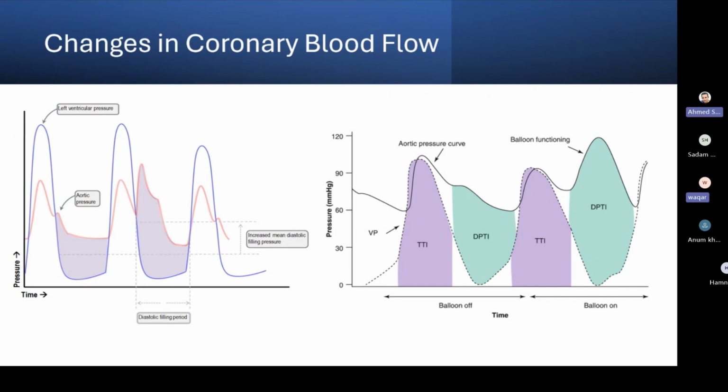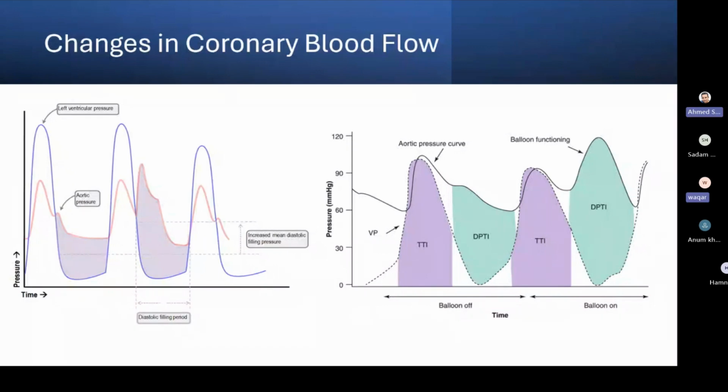But here, with this machine, if you increase the diastolic pressure, it does not leave it like that for the heart. When the heart is contracting, suddenly the IABP goes into deflation, and at that time this pressure comes down, which the heart is actually facing. So that decreases the afterload for the heart.